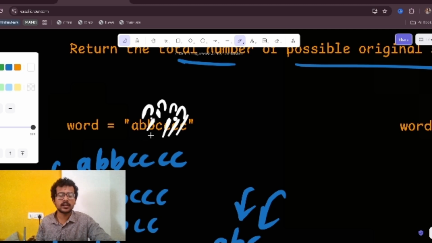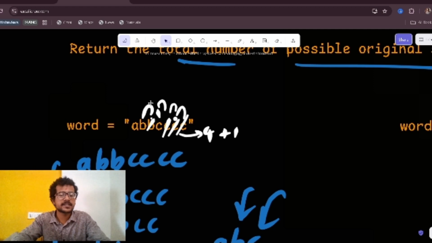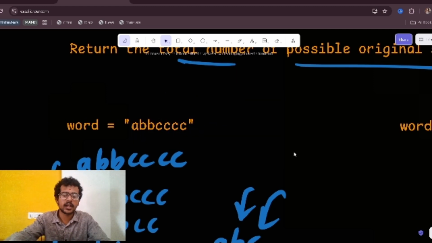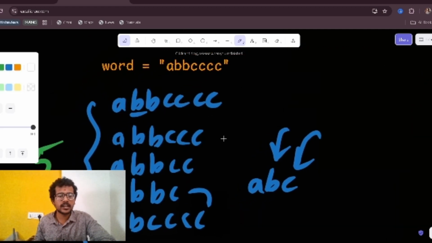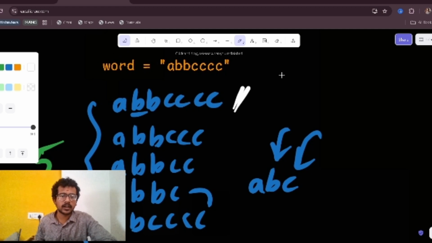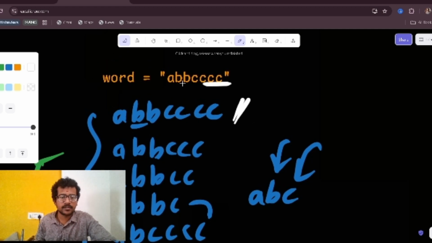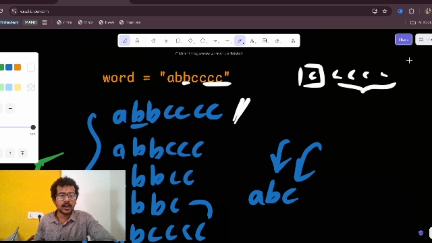Yes, let me count this. Now I have 4, but the answer is 5. So 4 plus 1. Why 4 plus 1? Because the given string is the first string we will be counting. All the characters which occur after a character C, and then all these C's are counted.